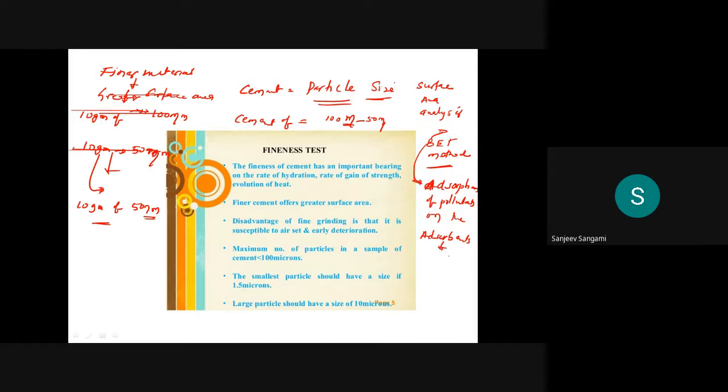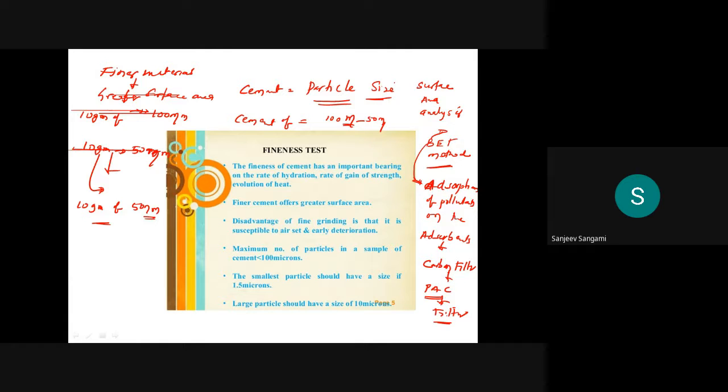So the best adsorbent, you might have in your houses, is the water treatment unit, which has a carbon filter. In the carbon filter, the PAC, that is powdered activated carbon, is attached to the filter, and it filters the contaminants present in the water.